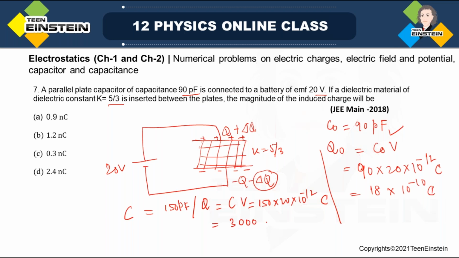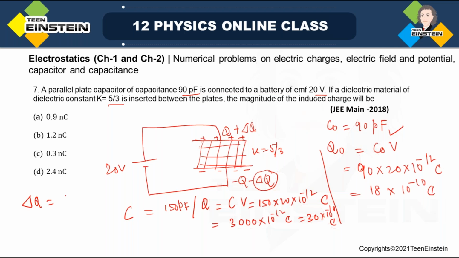I think you will get something like this. This is 10 to the power minus 12 coulomb. If we simplify, we'll just keep 10 to the power minus 10 itself. This is in coulomb. Now look, I can just find out the delta Q.